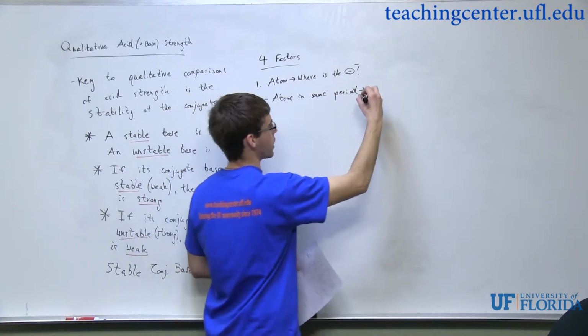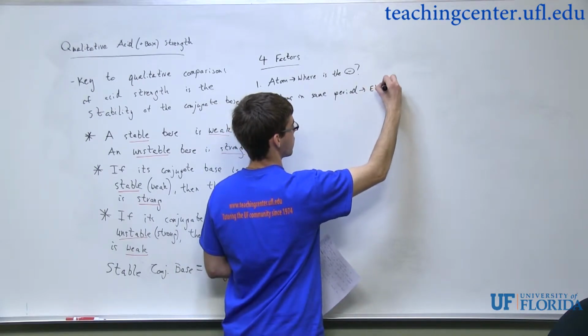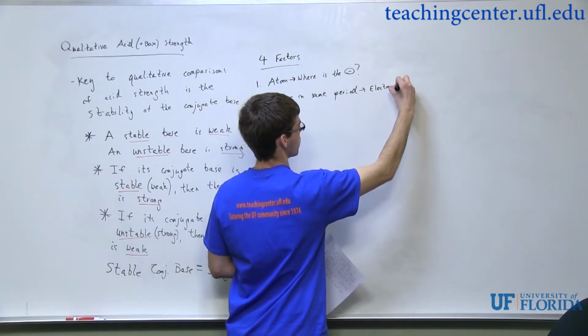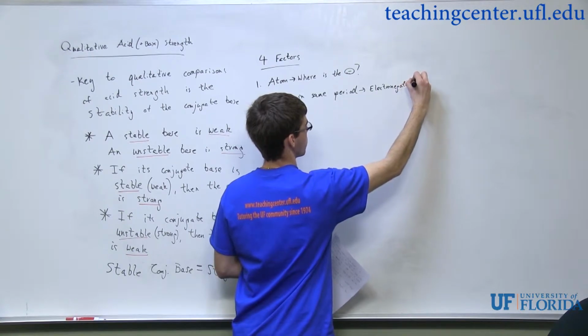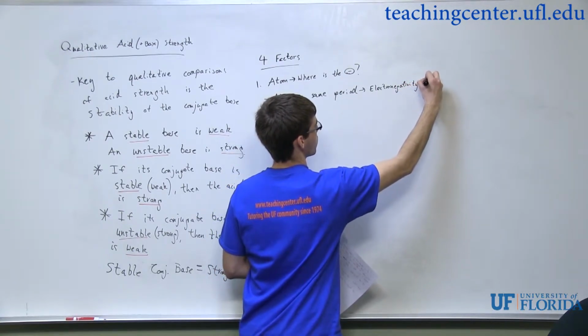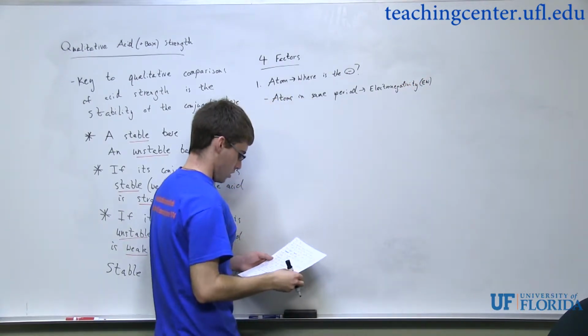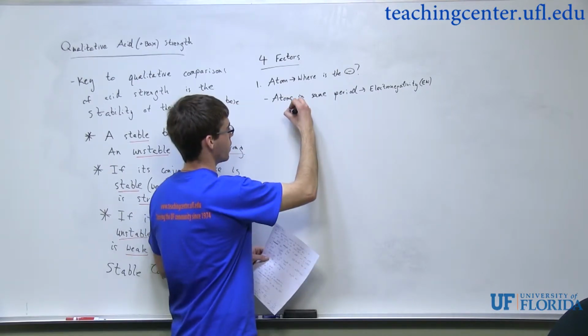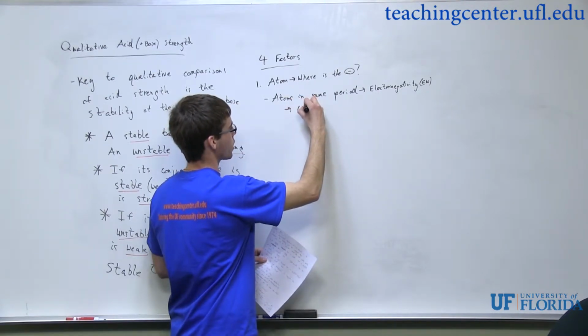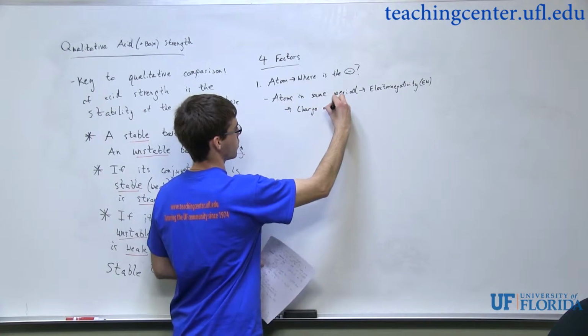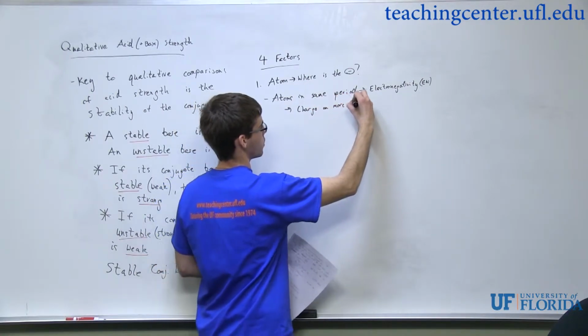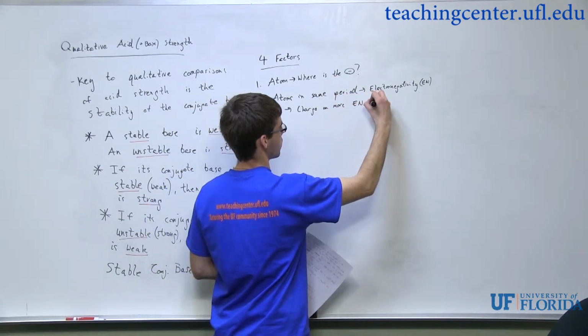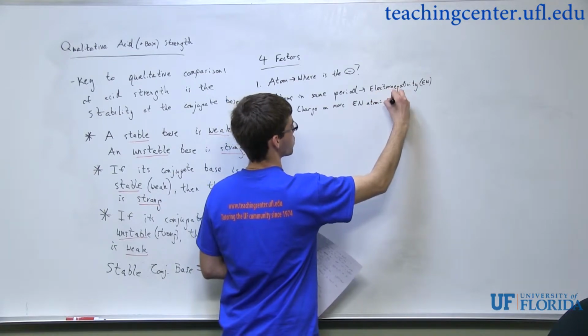We're thinking electronegativity, which I'll abbreviate EN. The charge on the more electronegative atom is more stable.